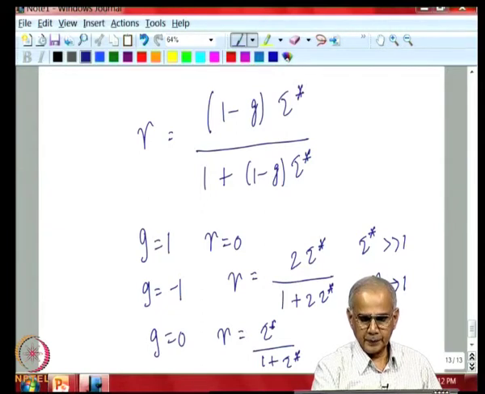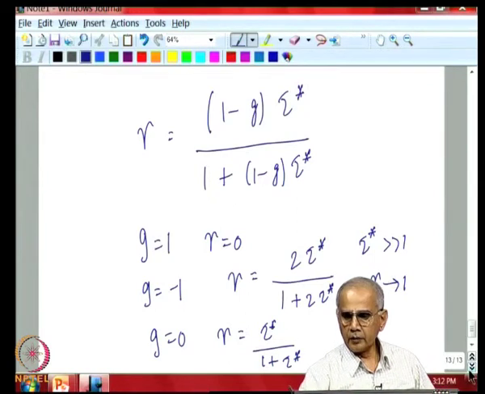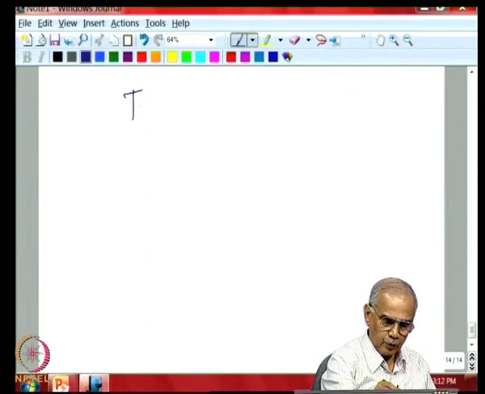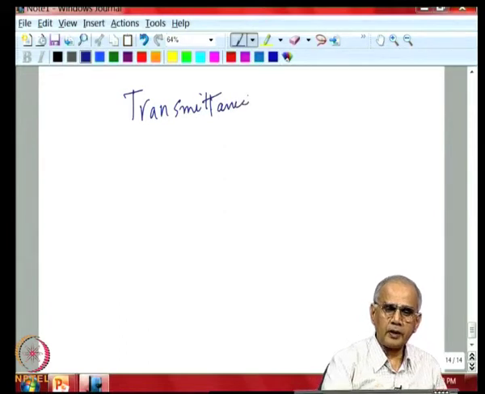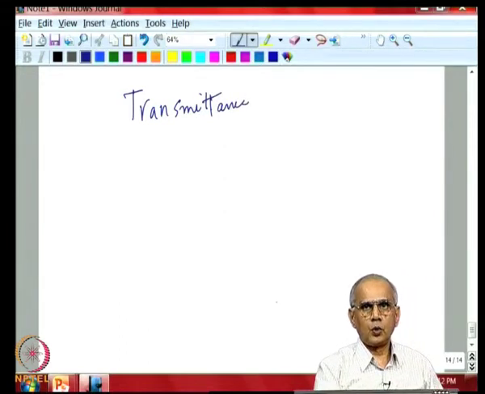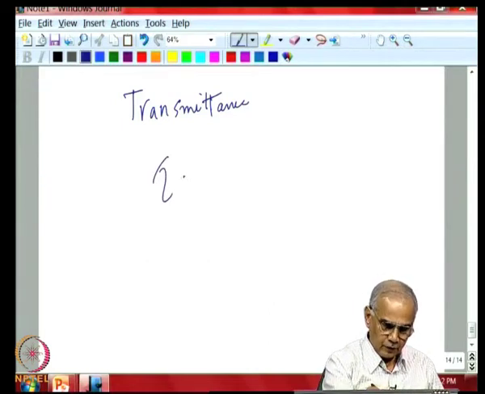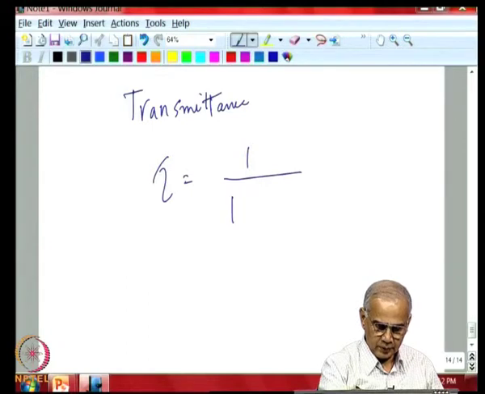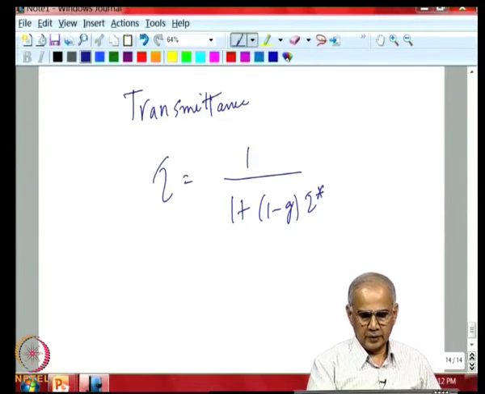We can also define a transmittance, which is also useful for many calculations. So, we will write down the transmittance. Both reflectivity or albedo and transmittance are quantities of great relevance in practical applications. So, the amount of radiant transmittance is 1 by 1 plus (1 minus g) into tau star for a non-absorbing layer.